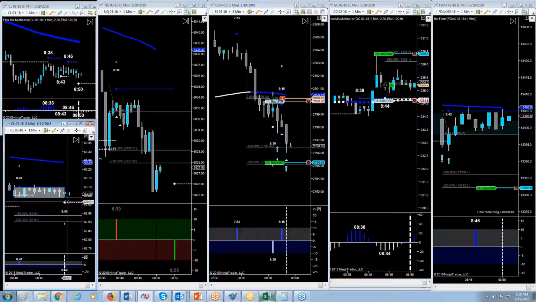Very good chance 8:50 will push CL higher if you wanted to attempt a low risk counter trend long right here. I'm going to go ahead and take my ES trade off.